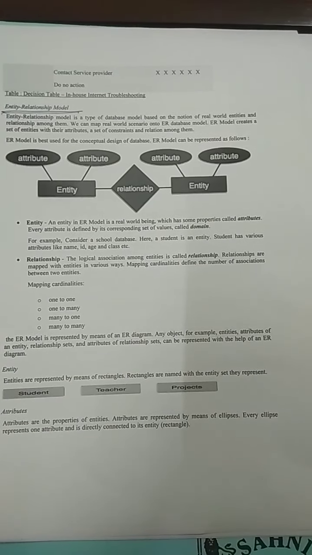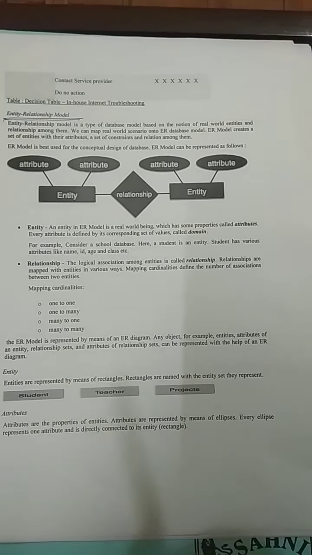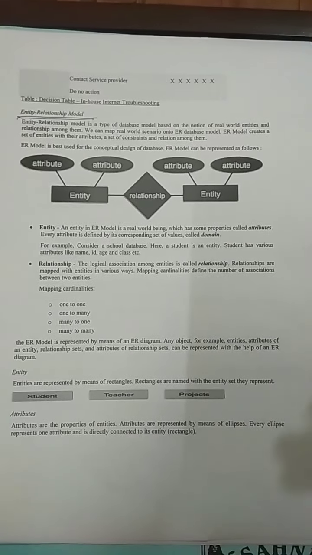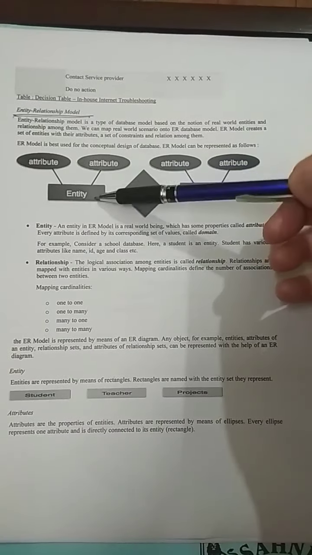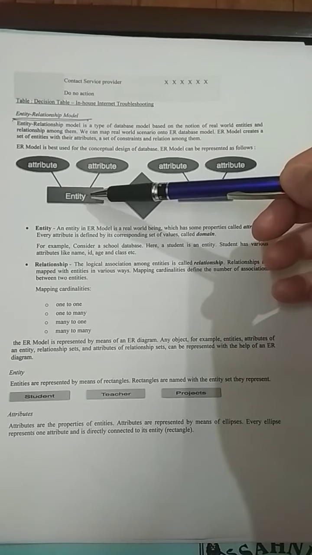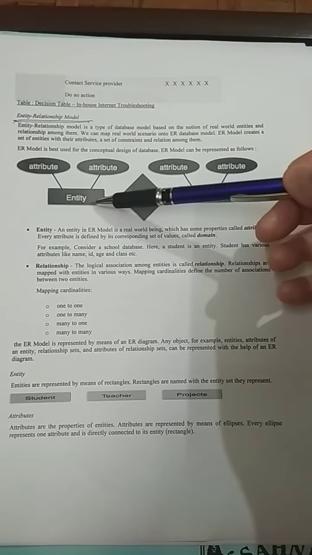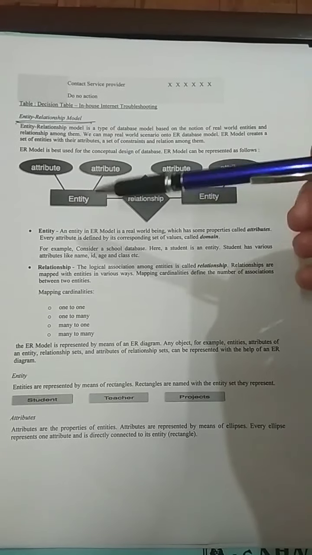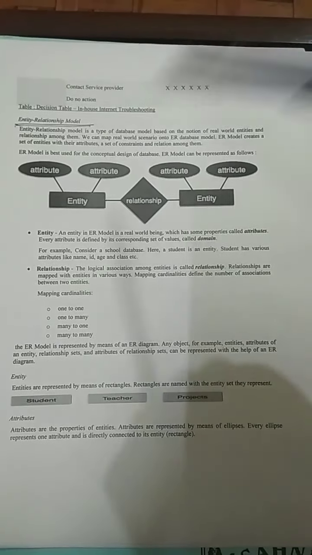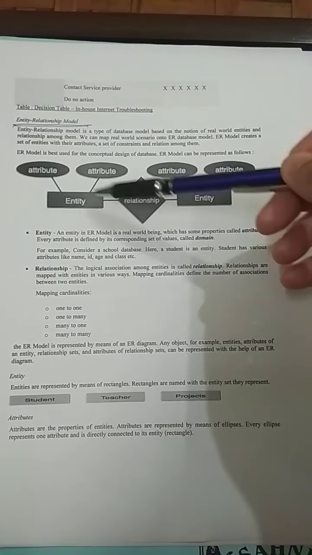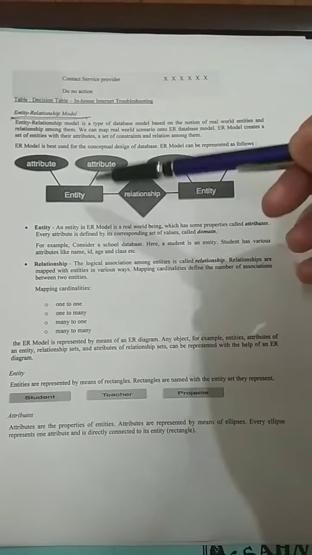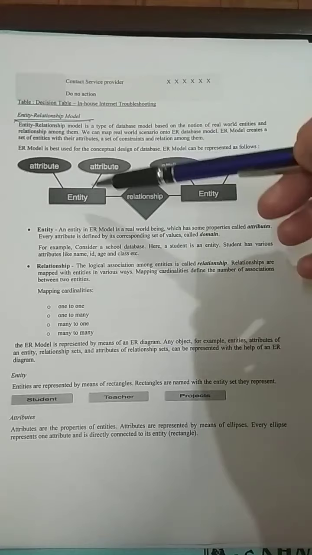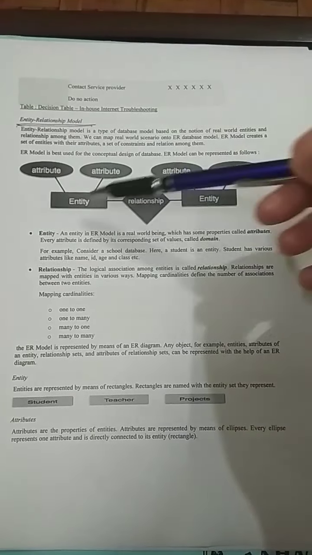create a set of entities with their attributes, which are the properties or the features which an entity has. Suppose for example, student is an entity, which is a real world object also, which exists in the real world. Okay, so a student has properties like his name, his middle name, his last name, his date of birth, his father's name, his state, and so on.